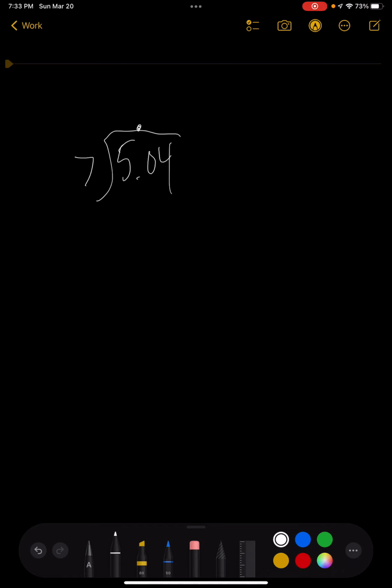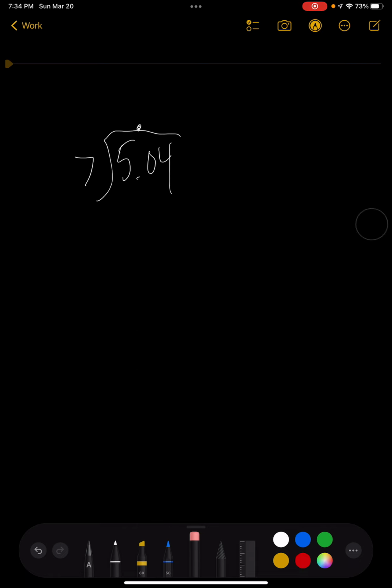Okay, now, we know that 7 does not go into 5. Not completely, right? It would be something like 5/7, and that is not a whole. That is less than a whole, because in order for it to be a whole, it has to have 7 out of 7. Anything less, and it's less than 1, it's a piece, right? Anything more, and it's going to be more than a whole. I hope you remember that.